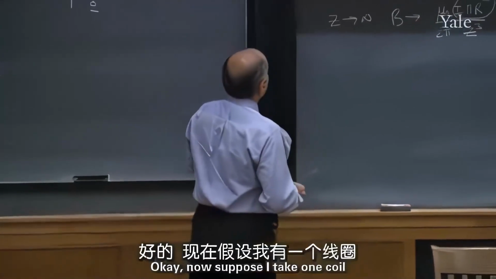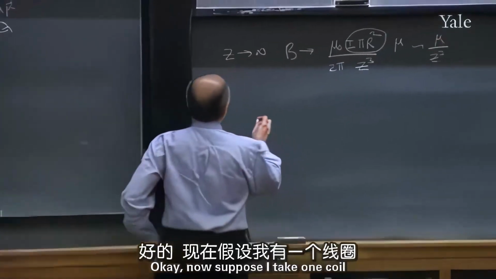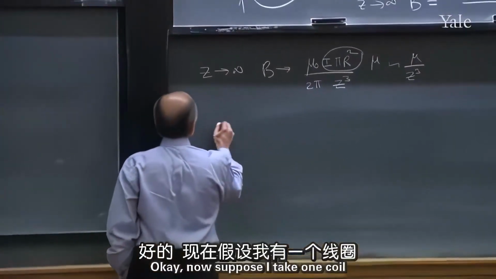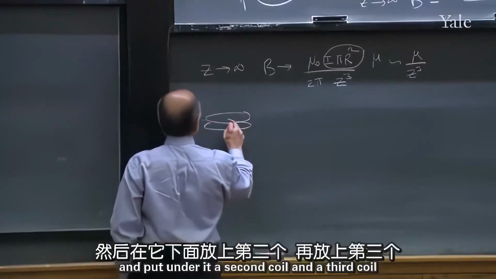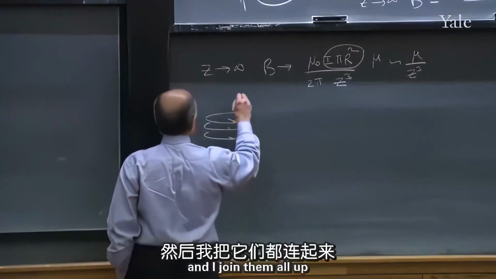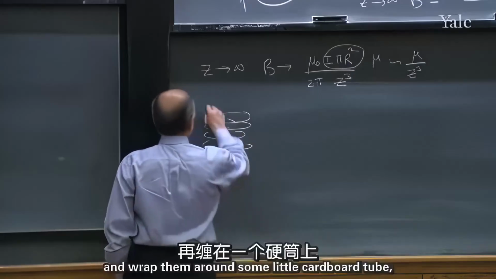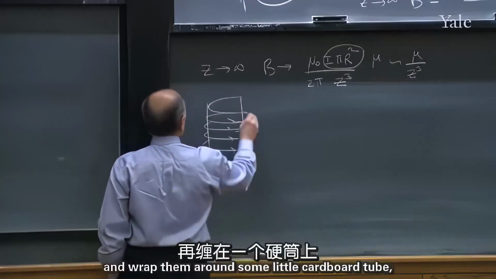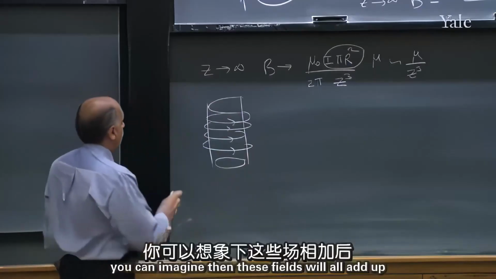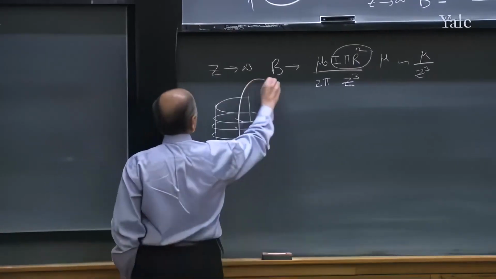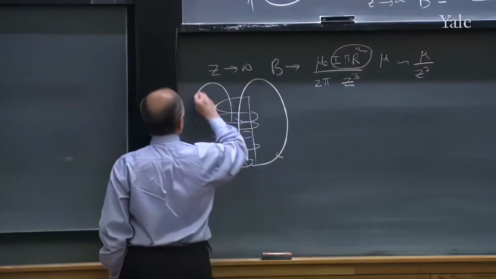Okay. Now, suppose I take one coil and put under it a second coil and a third coil, and I join them all up and wrap them around some little cardboard tube. You can imagine then these fields will all add up, and you'll get a field that looks like this.